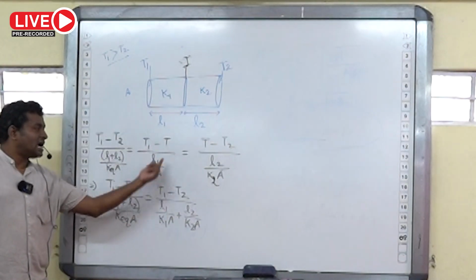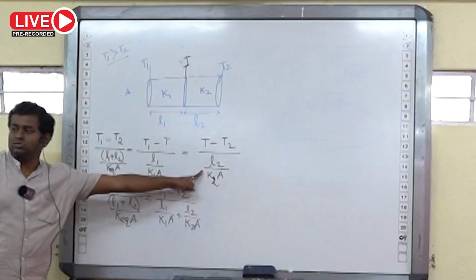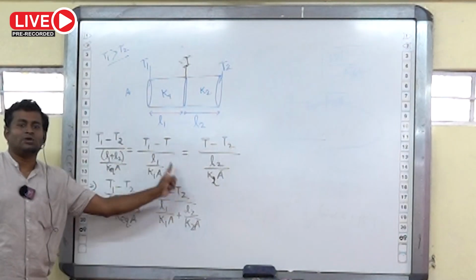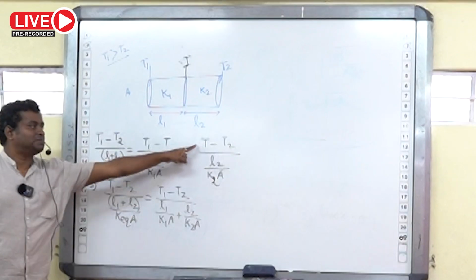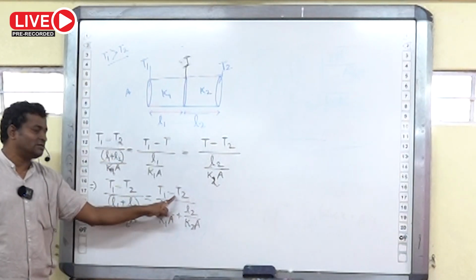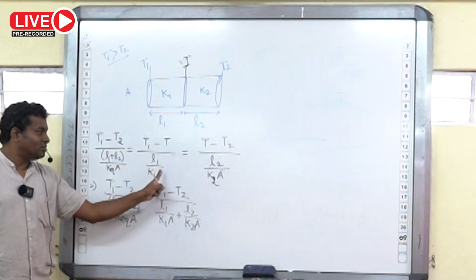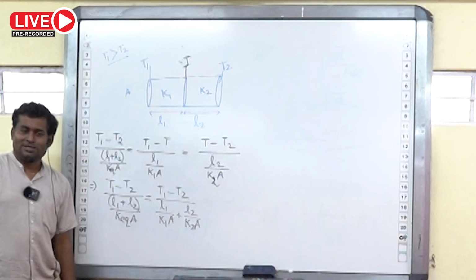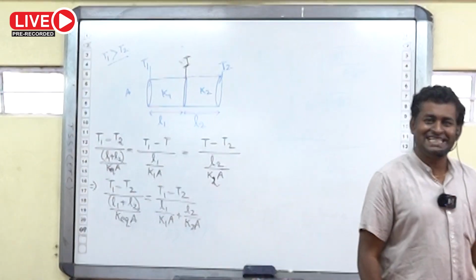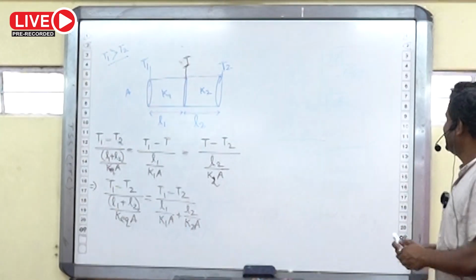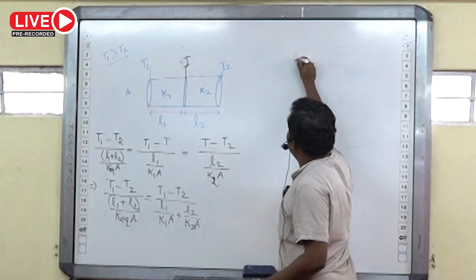On this side I take the sum of these two, numerator plus numerator, denominator plus denominator. Minus T plus T will cancel, it will become T1 minus T2, and the denominators are added. Now this method is called like that.